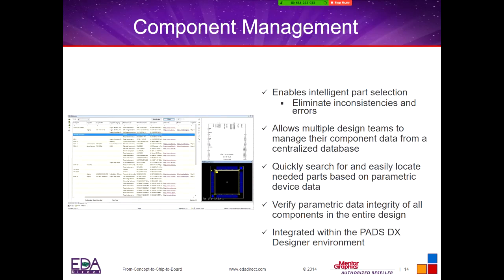And now, component management is going to be pretty important because we're going to be able to manage all of your library parts, all of your properties in one location. So what's nice about this tool is you don't have to know what all these different properties are.